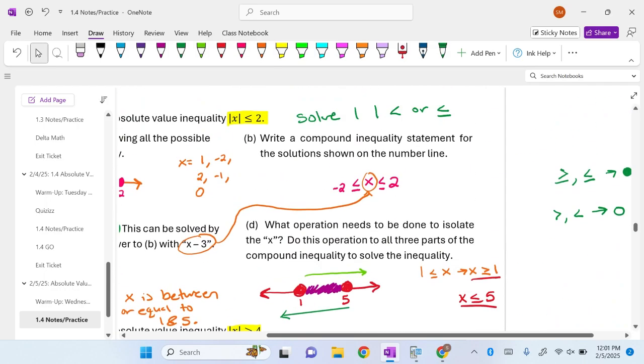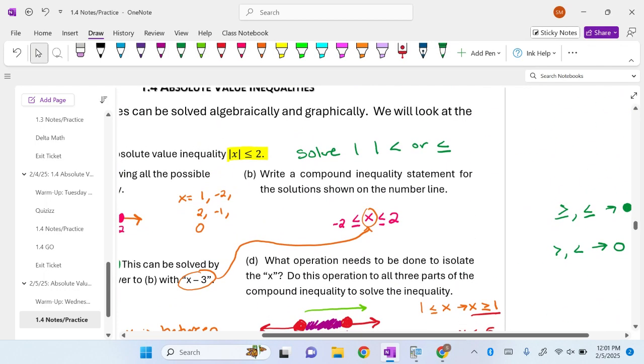Whereas up top, if I stated this statement, I'm saying that X has to be greater than or equal to -2, and X also has to be less than or equal to 2. They have to hit both conditions in order to be true. Or in other words, they're between the two numbers. Does that kind of make sense? Kind of sort of maybe? All right.